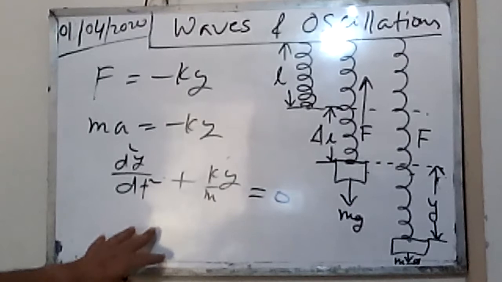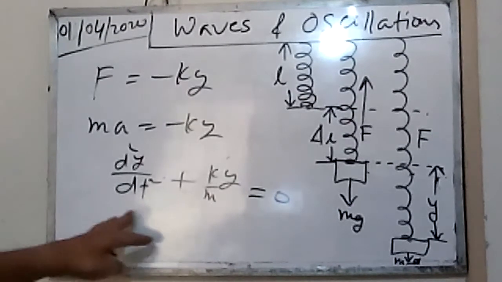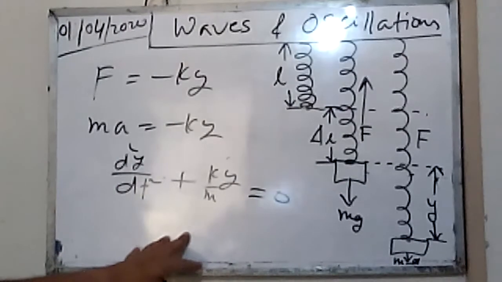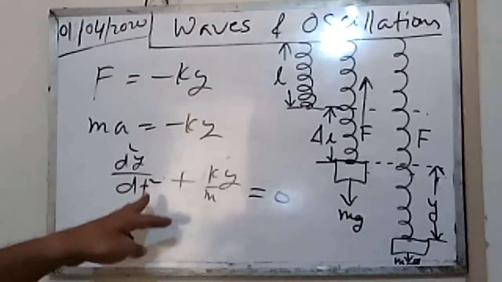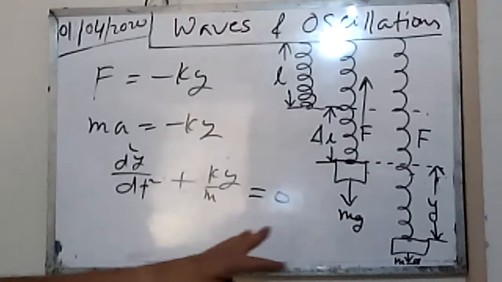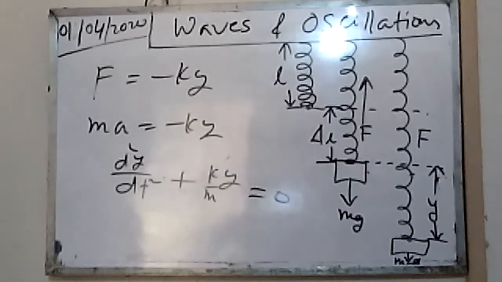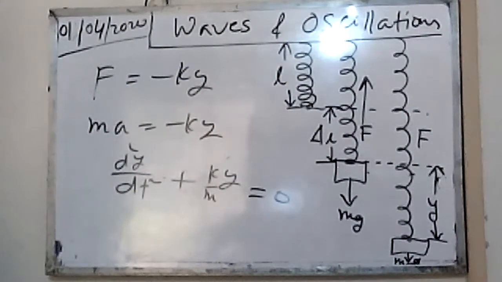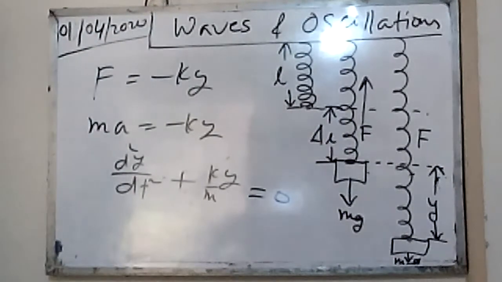We found this is the differential equation of simple harmonic motion. This is the same equation we have got now as a differential equation of simple harmonic motion. So this is simple harmonic motion.